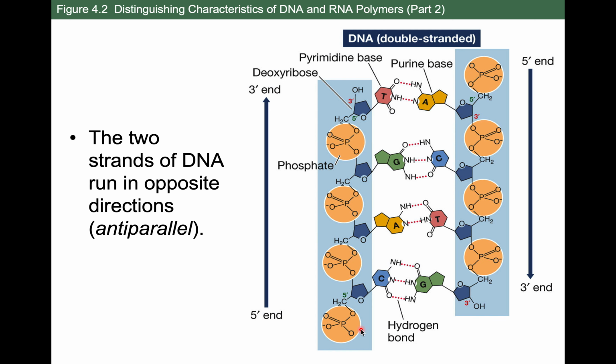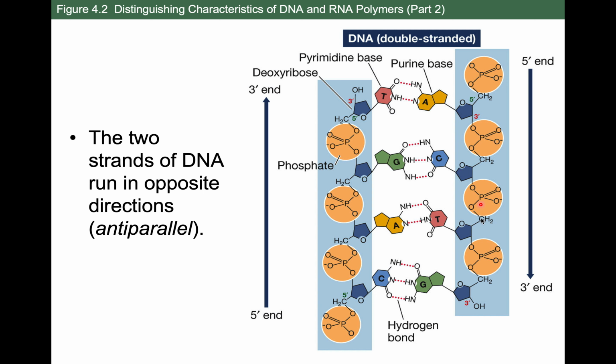So we build that polymer, and in the case of DNA, because DNA is double-stranded, we actually have to build two polymers and then stick those together. So two polynucleotide chains bonded together with hydrogen bonds between the nitrogenous bases. You'll see we've got one polynucleotide here on the left, right? One sugar phosphate backbone with all the nitrogenous bases hanging off one side.